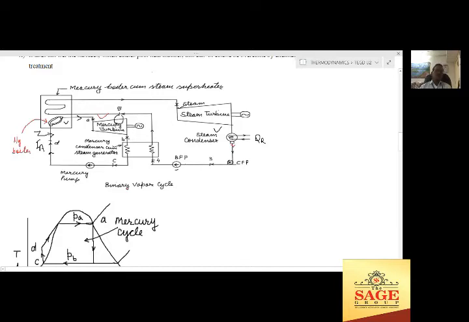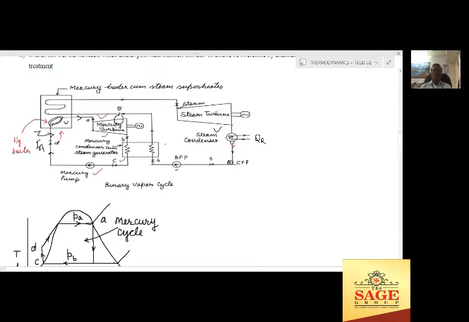Then the exhaust of this mercury will pass through the mercury condenser cum steam generator, and the liquid mercury will be at point C. Then with the help of the mercury pump, the liquid mercury is supplied again to the boiler through this passage. Again in the mercury boiler it will generate the mercury vapor, and the cycle is repeated. So this is mercury as one working fluid.